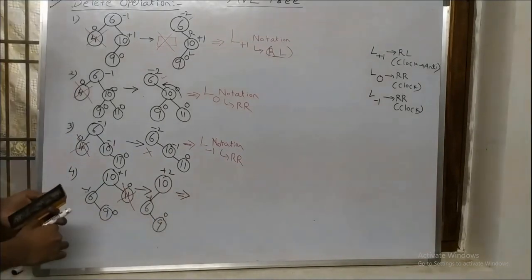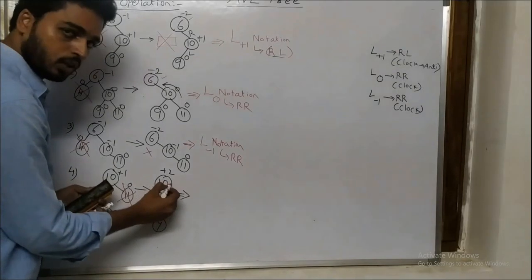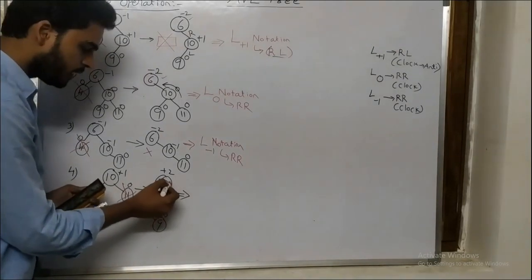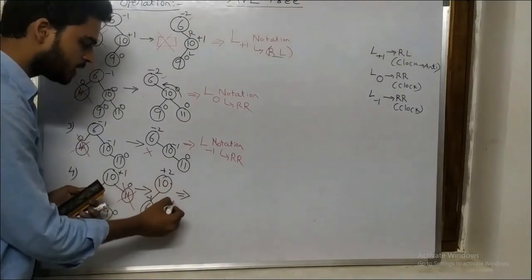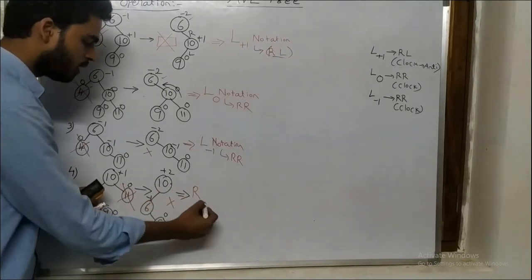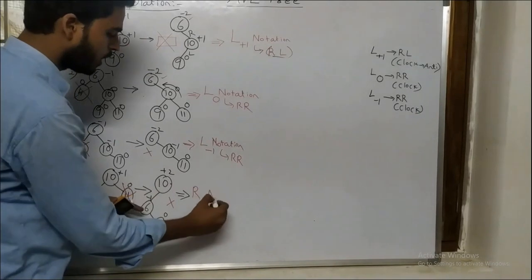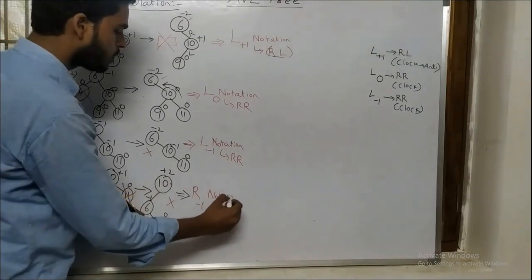This critical node occurred because of deleting an element on the right side, R, and whose left child's balance factor is minus 1. So we call this R minus 1 notation.